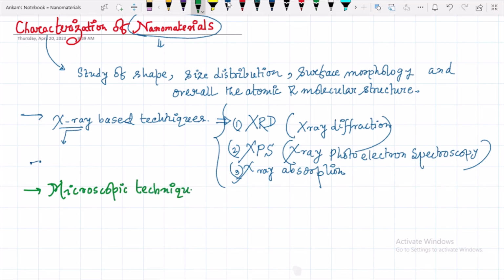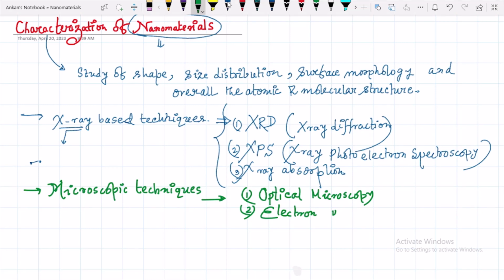These microscopic techniques involve optical microscopy and electron microscopy.